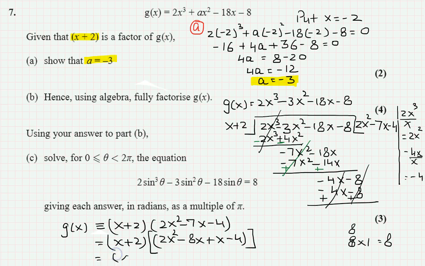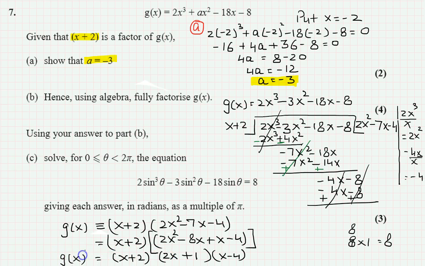So it will be x plus 2, and we'll be having 2 brackets. You will take 2x common. So this will be minus 4. So this will be x minus 4 and this plus 1.